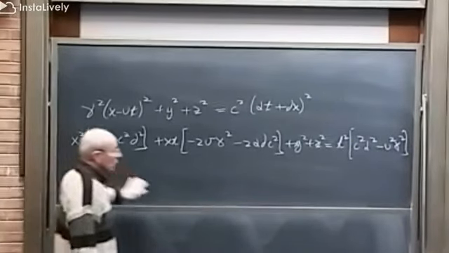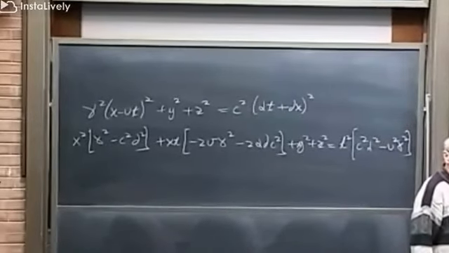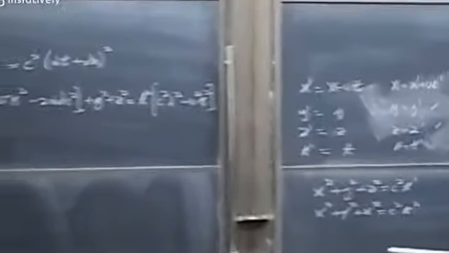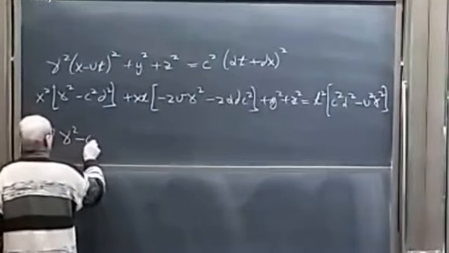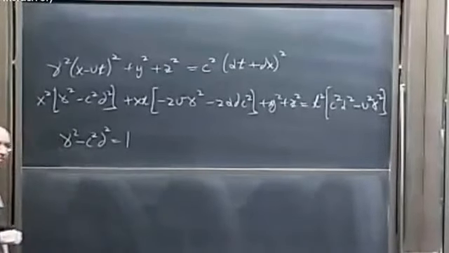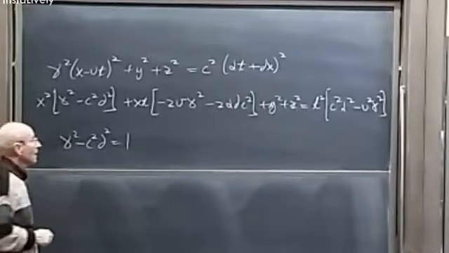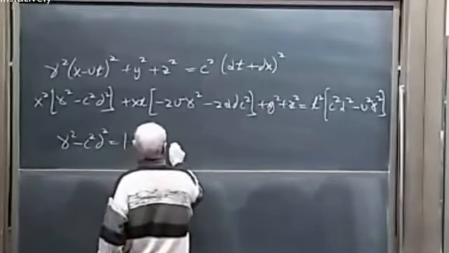This then must, of course, be equal to this. So that means that this must be 1. Gamma squared minus c squared delta squared must be 1. There are no xt's, so this must be 0.